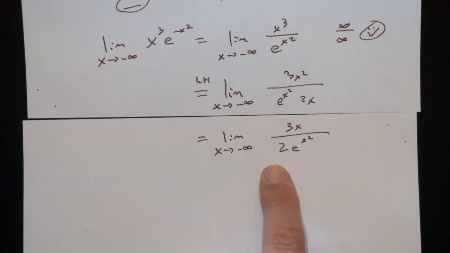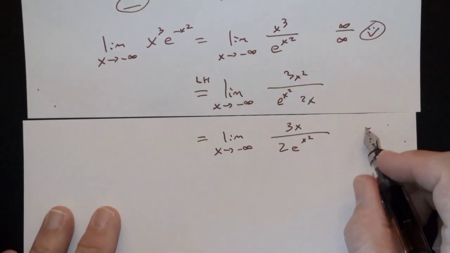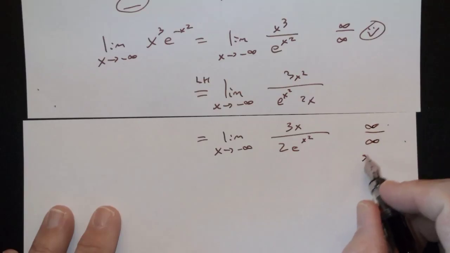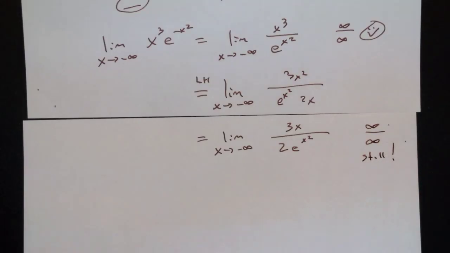That's multiplied by 2. That's still positive. It's going to infinity. This is still infinity over infinity. So what do I do? Take the next derivative. L'Hopital's rule again.